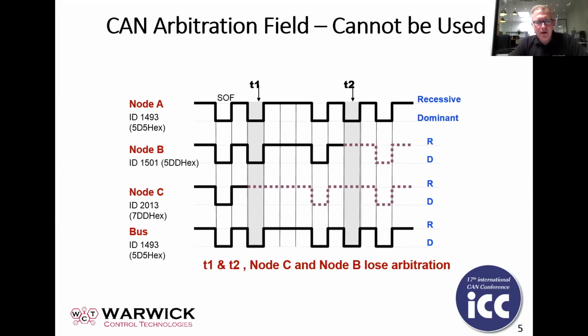You can see we've got three different devices here: node A, node B, node C. At different times, they're all trying to get access to the network. Depending on the identifier, the ones with the lowest priority lose access to the network, such that the one with the highest priority gets through.